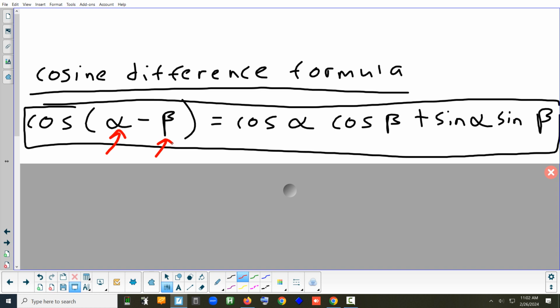The reason I say first and second is it helps me remember the formula. So it's cosine first, cosine second, plus sine first, sine second. That's the formula. All you have to do is fill in the first and the second, the alpha and the beta.